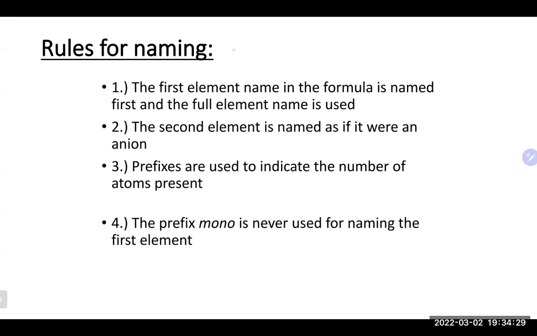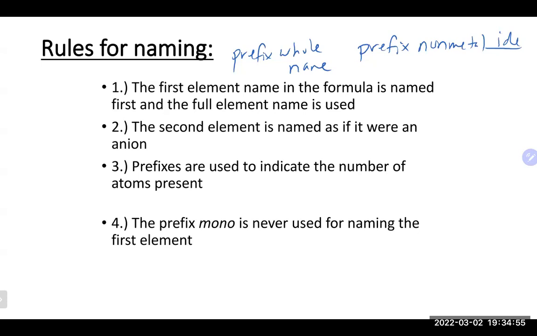So first off, we prefix up the first name, and the first element we use the whole name. So the first one, whole name and the appropriate prefix. The second one we prefix, and it gets like a normal non-metal name that ends in IDE. So first one, whole name, second one, IDE, attach the appropriate prefixes.